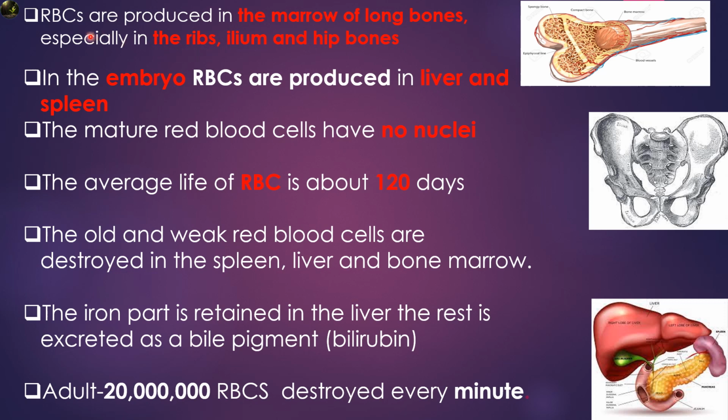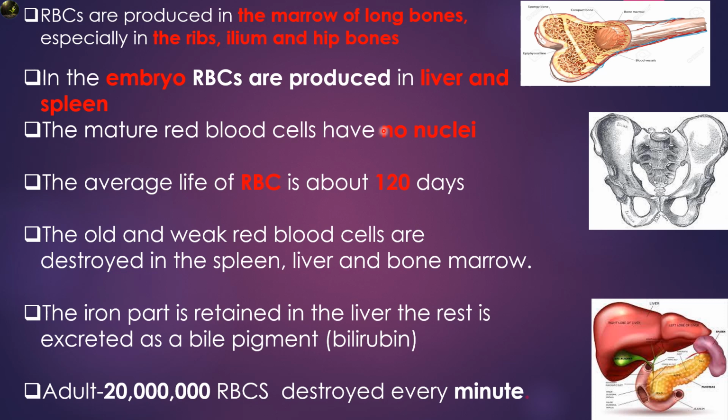RBCs are produced in the marrow of long bones, especially in the ribs, ileum and hip bones. The next point: in the embryo, RBCs are produced in the liver and spleen.